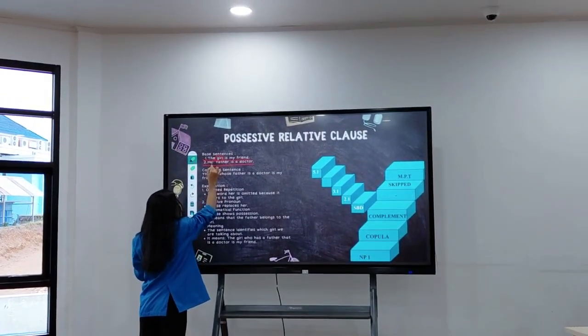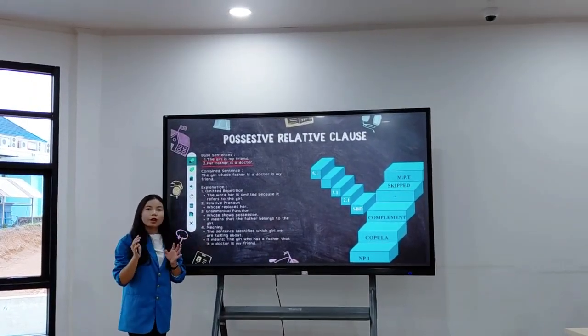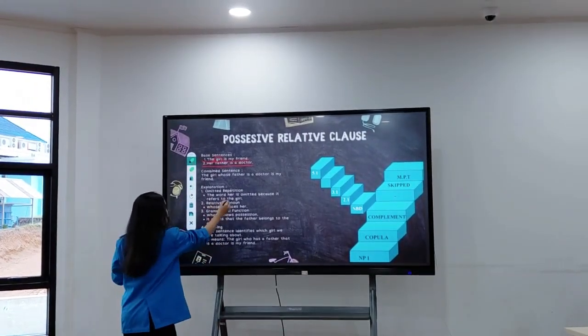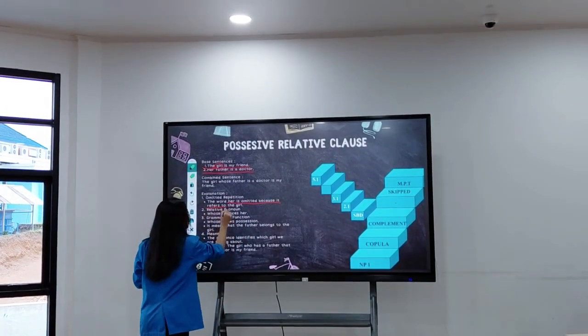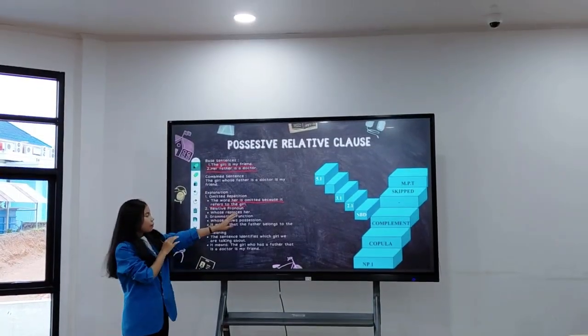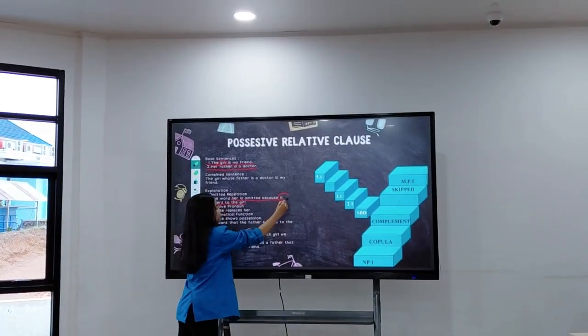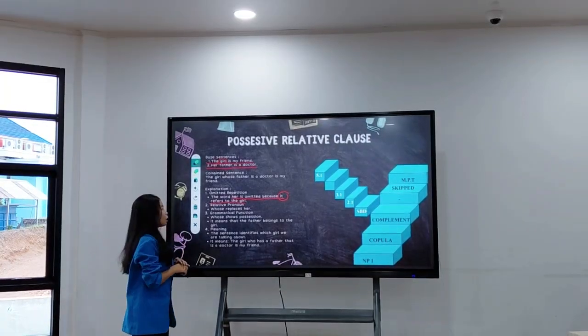To avoid repetition, we omit the word her, because it refers to the girl, and replace it with the relative pronoun whose.